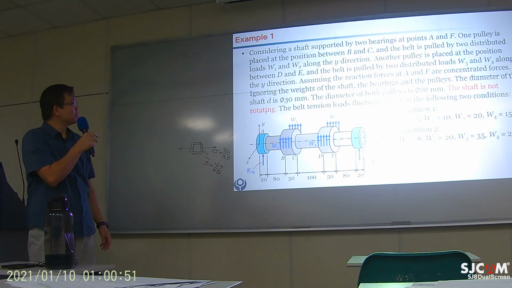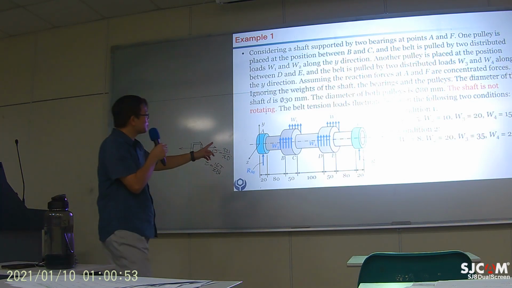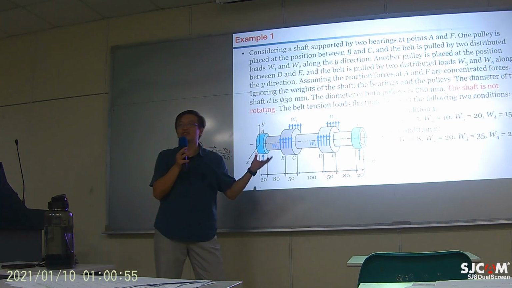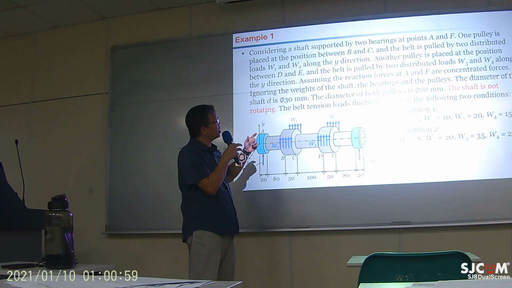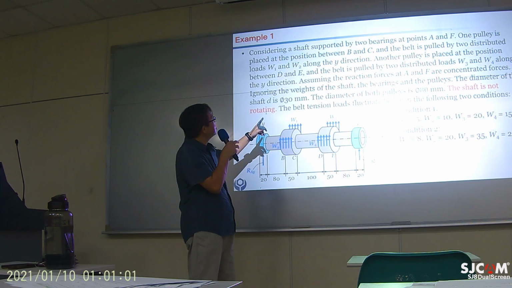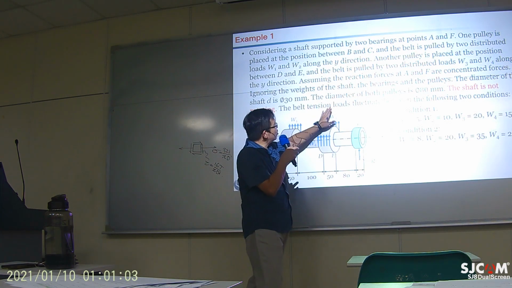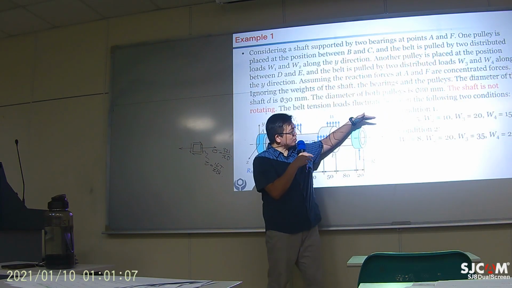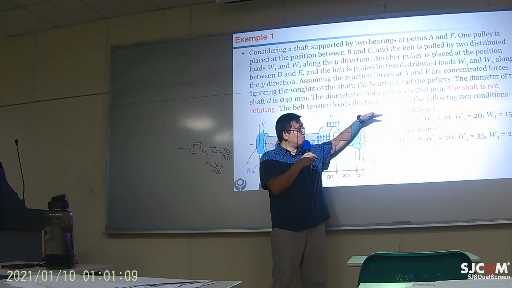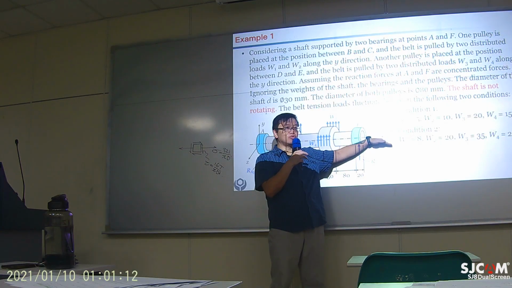So if this is the situation, over here it's telling you the belt tension loads fluctuate between the following two conditions. So there's a moment 1 and moment 2.